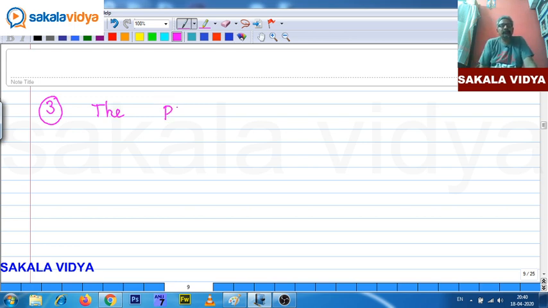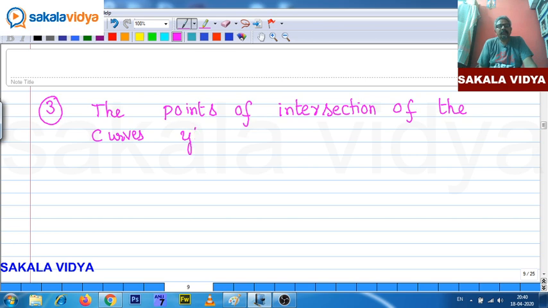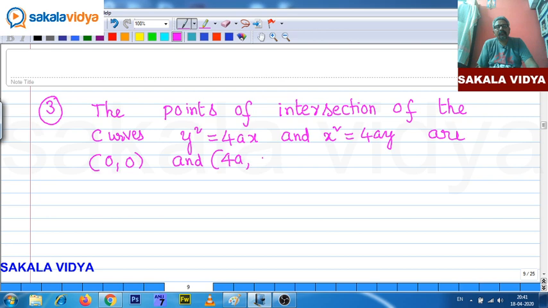The points of intersection of the curves y square is equal to 4ax and x square is equal to 4ay are 0 comma 0 and 4a comma 4a.